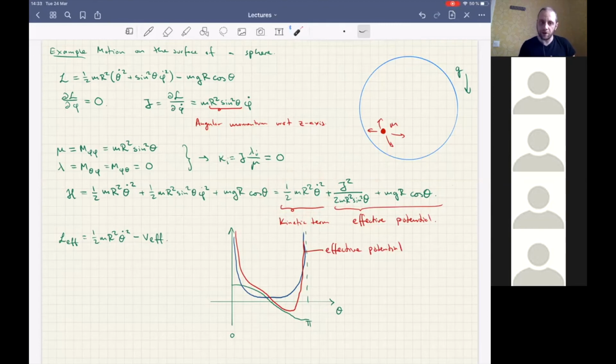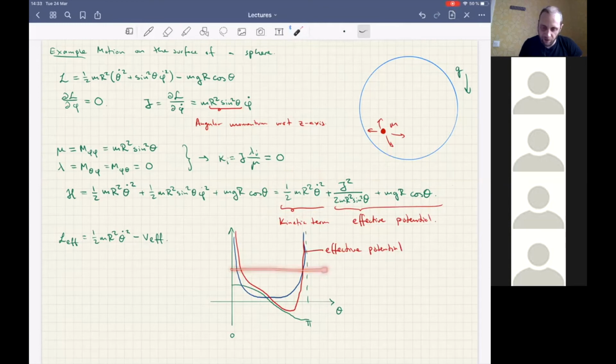So if we have a particular value for the Hamiltonian, say here, then the system cannot be in any position where the difference between the energy and the effective potential is smaller than 0.